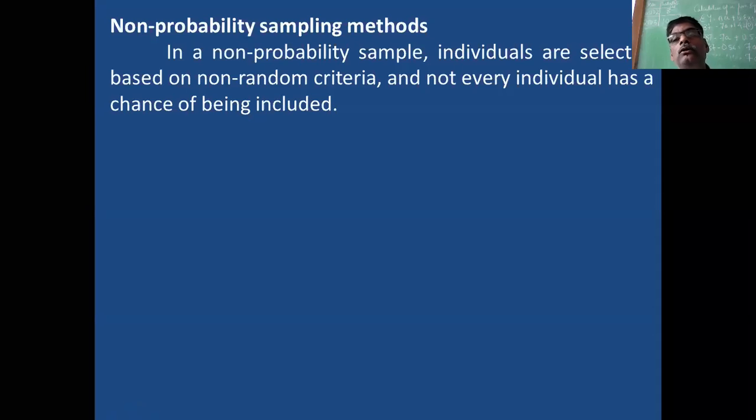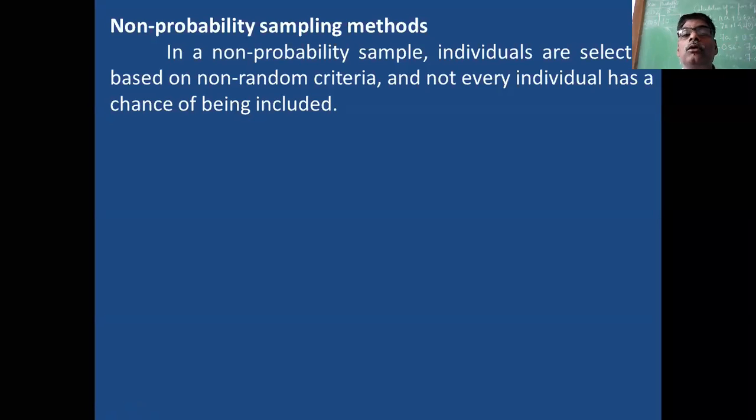In this case, we select the known ones. Which we want to select, we select those people. And all the members of the group do not have a chance of being included in the sample, because the sample is selected on the basis of the knowledge of the researcher.